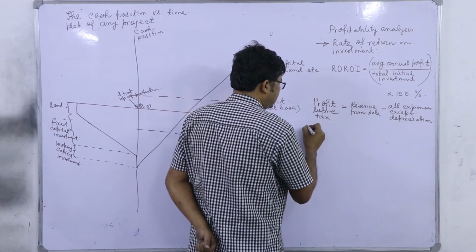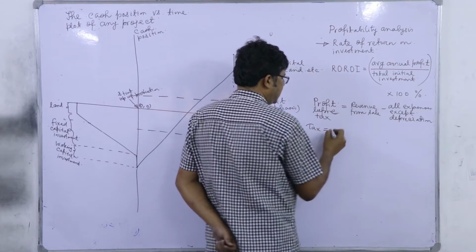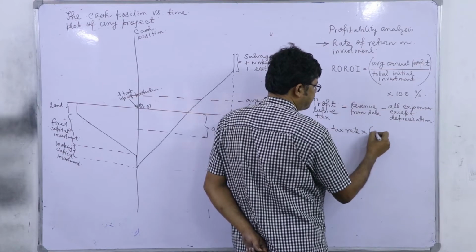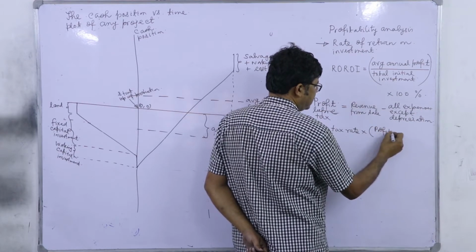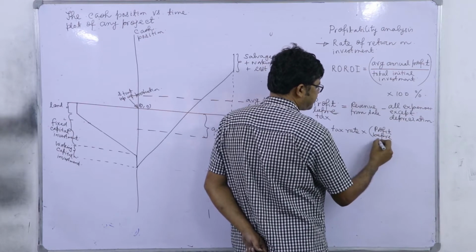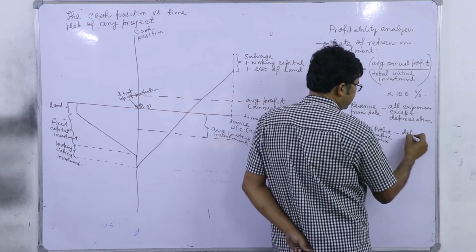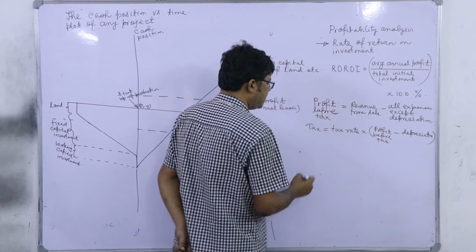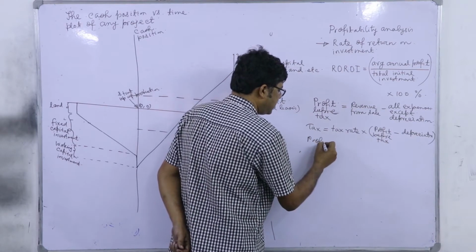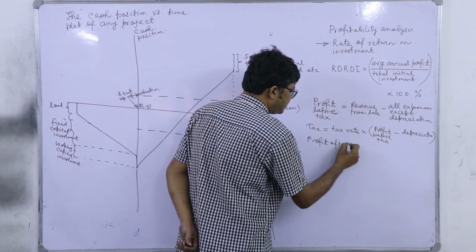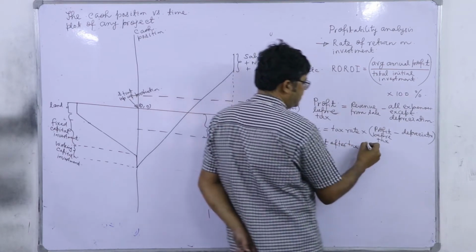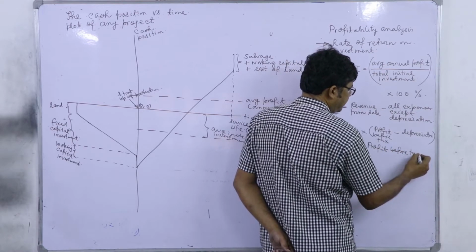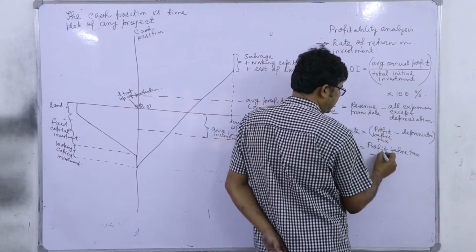The tax will be the tax rate multiplied by the profit before tax minus depreciation. So, profit after tax is profit before tax minus the tax paid.